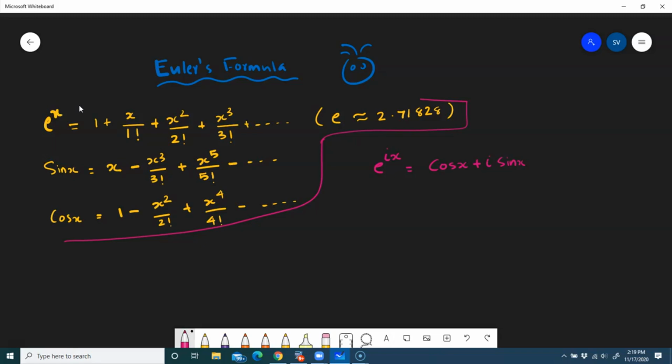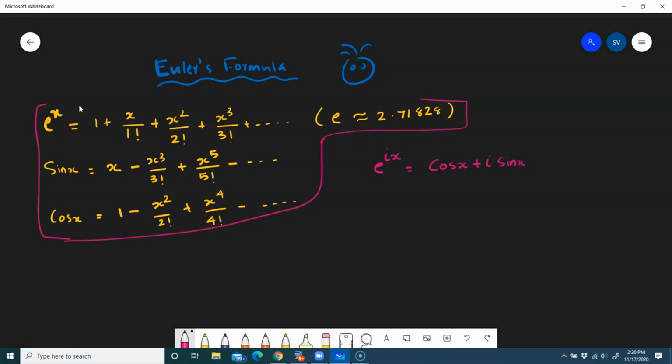These are results that you already discussed in your previous lessons in class. e raised to x is 1 plus x by 1 factorial plus x squared by 2 factorial plus x cubed by 3 factorial and so on. And sin x is x minus x cubed by 3 factorial plus x to the power 5 by 5 factorial, and cos x is 1 minus x squared by 2 factorial and some even powers.